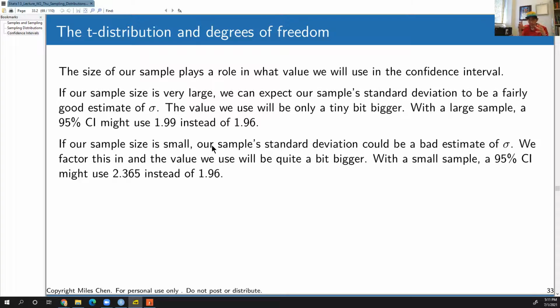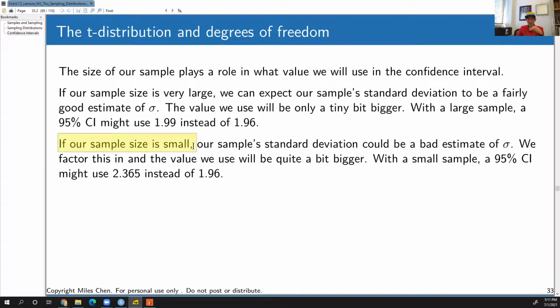On the other hand, if I have a very small sample, let's say I have 5 people in my sample. If I'm estimating the standard deviation based on a sample of 5 people, my standard deviation estimate could be wildly off. It could be way too big, way too small. I can't expect the standard deviation based on a tiny sample to be that reliable as an estimate of the population standard deviation, right?